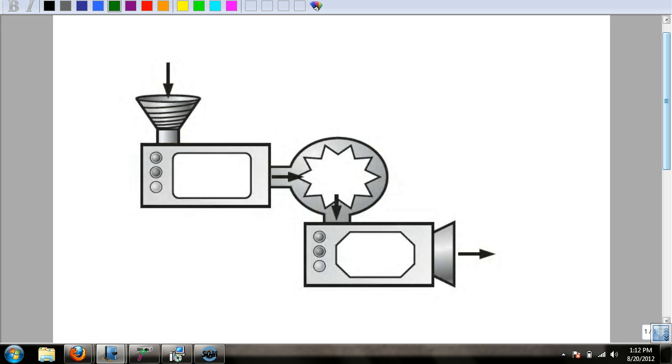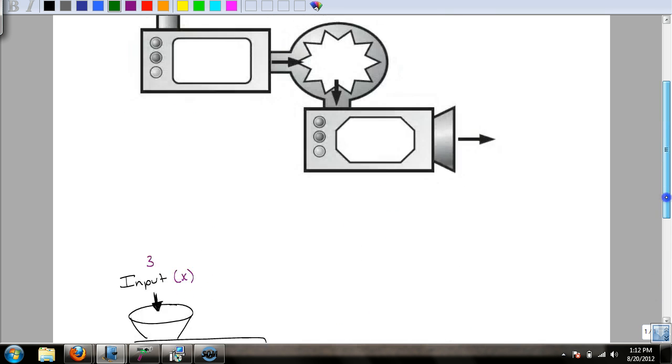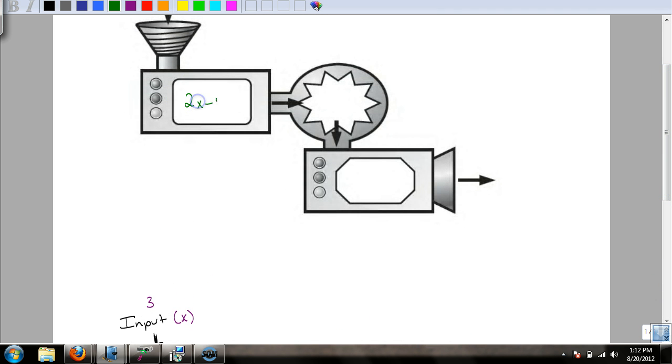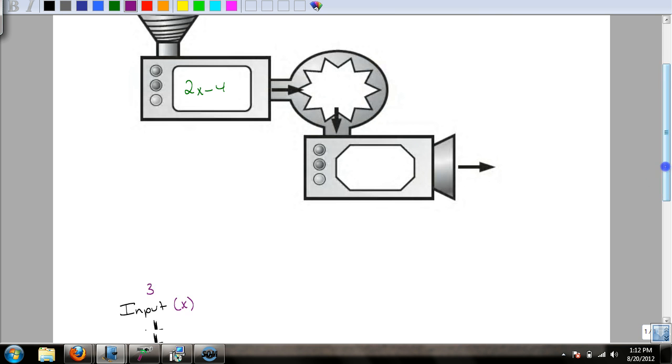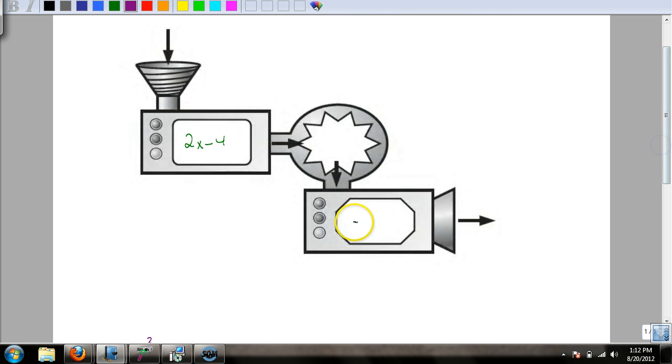Let's say we do the opposite. This time I have 2x minus 4 as my first function, and x squared plus 8 as my second function.